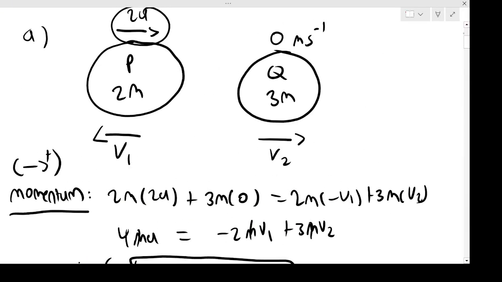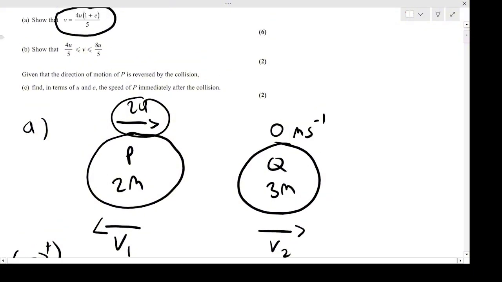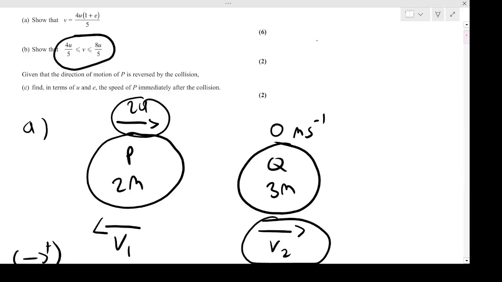Now, what's the next question saying? It's saying that we need to show that V, so this is again referring to the speed of Q here, that V or V2 is between 4U over 5 and 8U over 5. Hopefully you recognise that's going to be pretty similar to one of the problems we looked at in the intro to this part of the video.